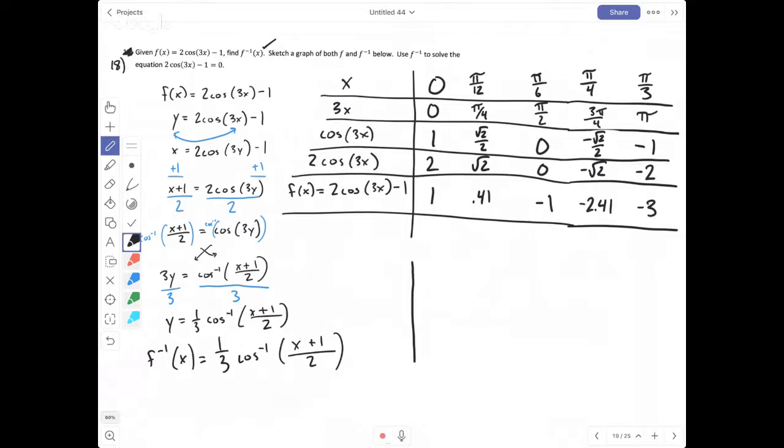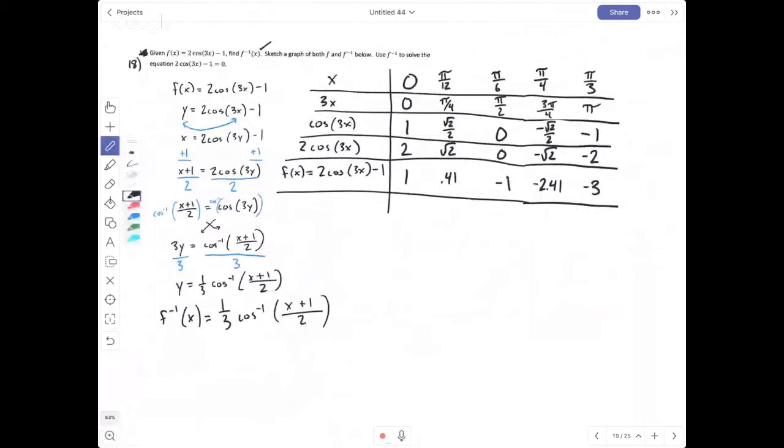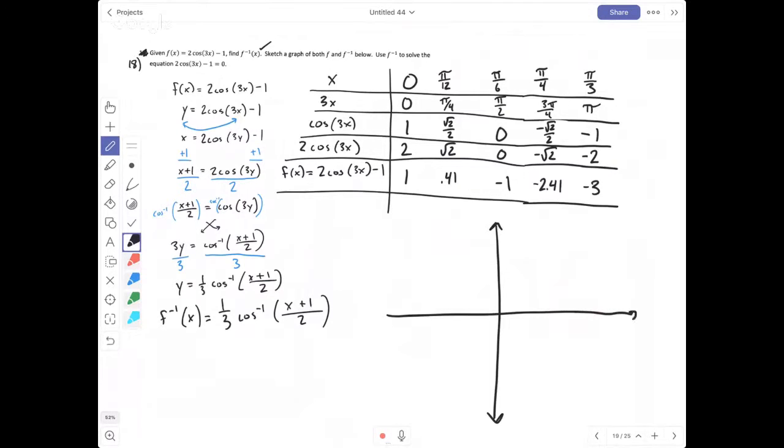Now I need a graph. So I'm going to plot, first of all, inputs and outputs. This is a graph of f of x. So 0, 1.